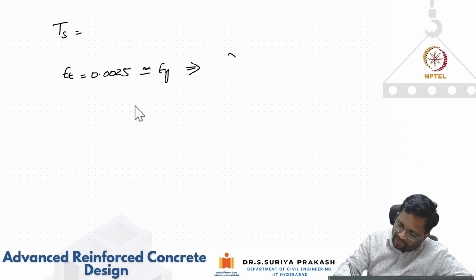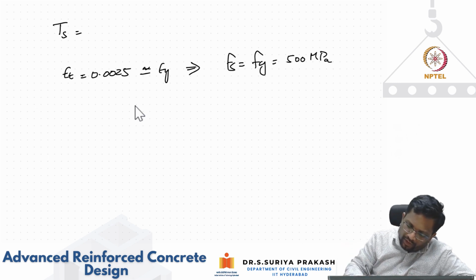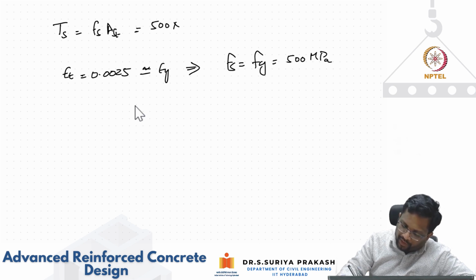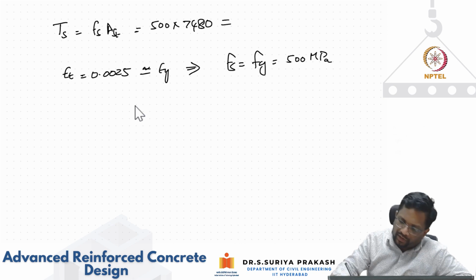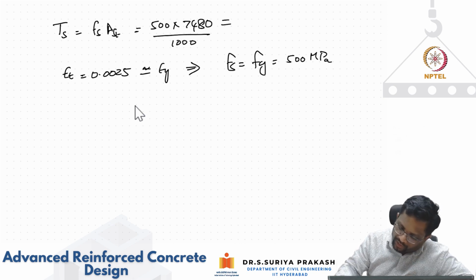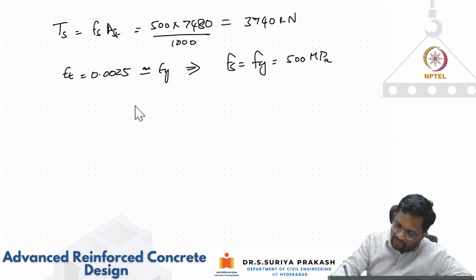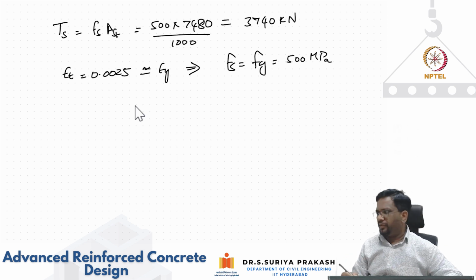That means stress will be equal to fy, which is 500 megapascal, right? So Fs multiplied by Ast is 500 megapascal multiplied by Ast, 7480 mm square. If you divide that by 1000, you get it in kilonewton. That works out to be 3740 kilonewton. So this is your tension force.